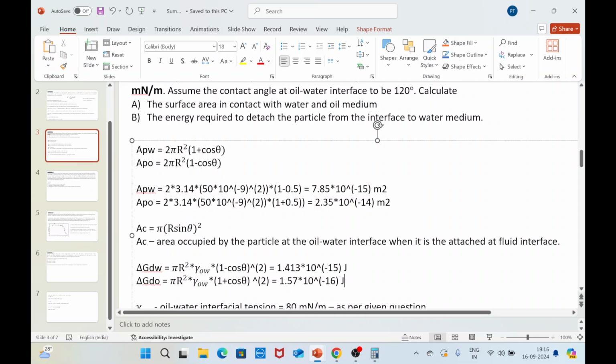There will be no excess portion in the oil medium in case of a hydrophobic surface, or excess portion in the water medium in case of hydrophilic particles. That is the reason it's called neutral wetting, because there is no difference in the way it wets the surface of the particles.